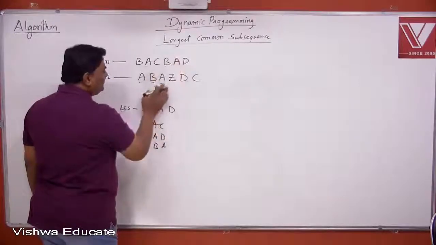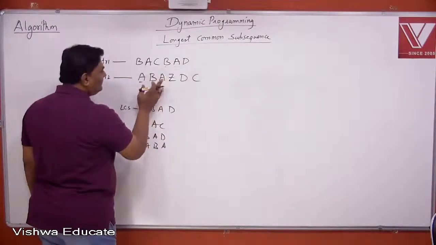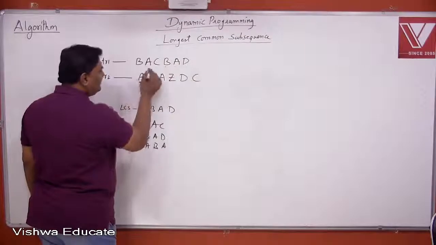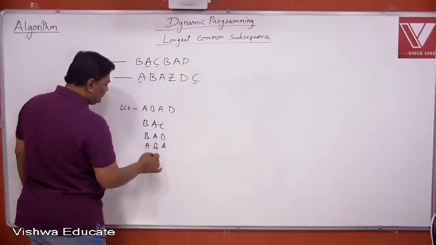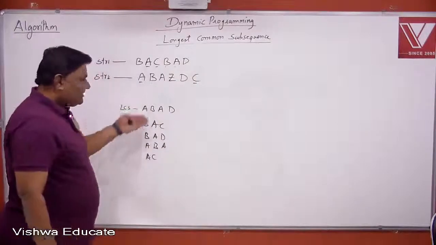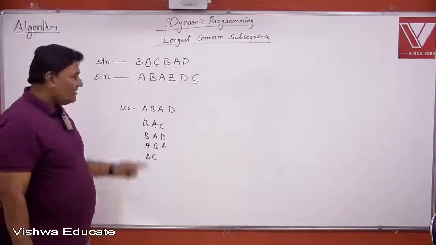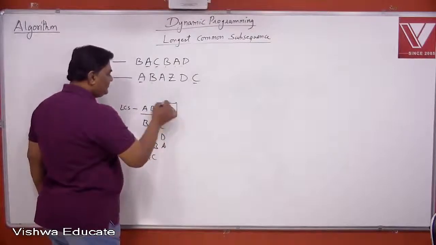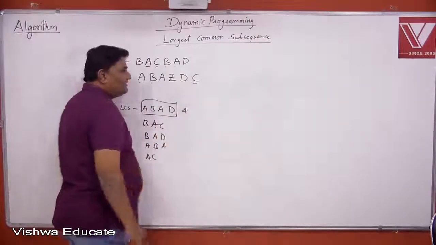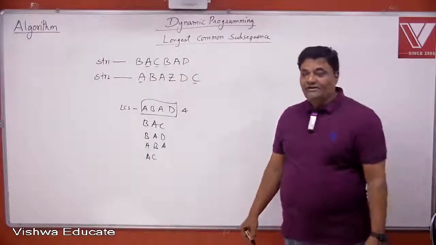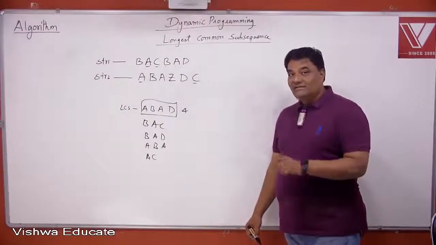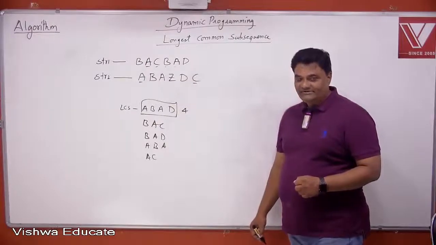Then one more, A, C is also there. So there are many sequences, but among them the longest common sequence is this one. This is of length 4. So we want this one. The problem is to find the longest common subsequence of alphabets.